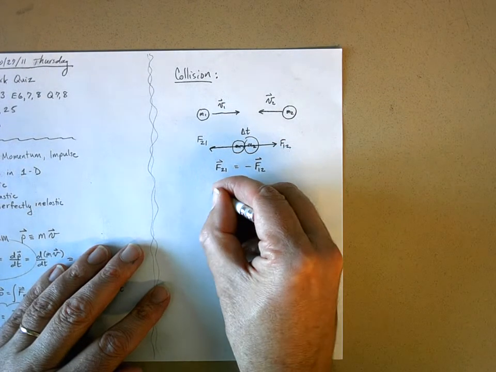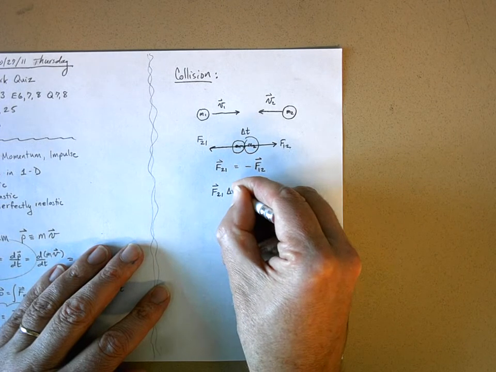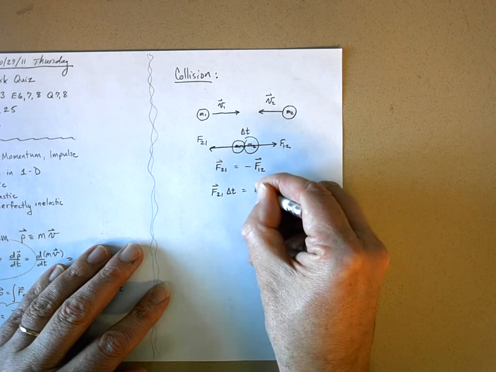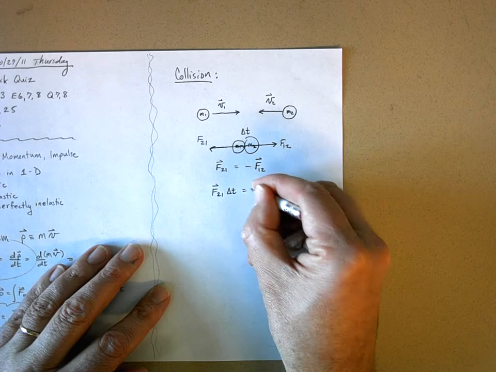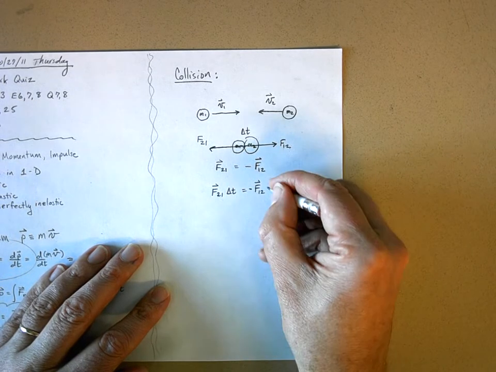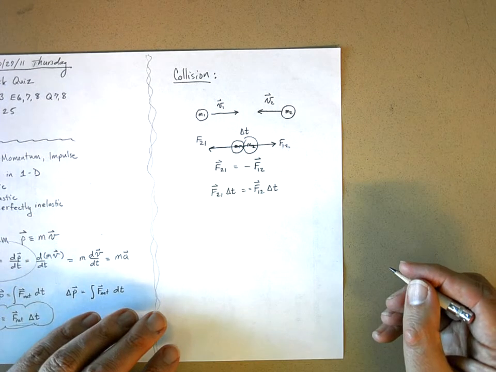So this is going to be F(2 on 1) times delta t equals negative F(1 on 2) times delta t.